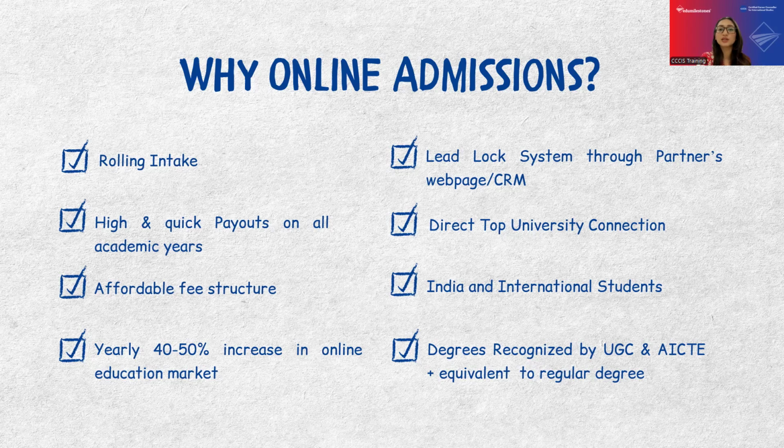Whenever the student takes admission, whether telling you or not, the lead is already registered under your name in that university's CRM database. So whenever admission happens, you will be eligible for payouts. That's what we call the lead lock system. The lead is registered under your name. So even if the student directly approaches the university without informing you, you will still be eligible for payouts.